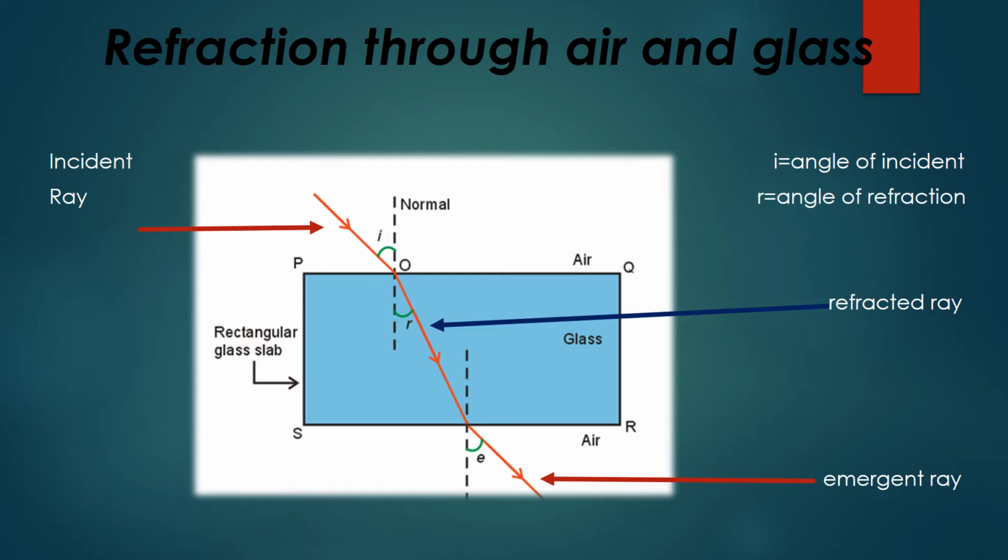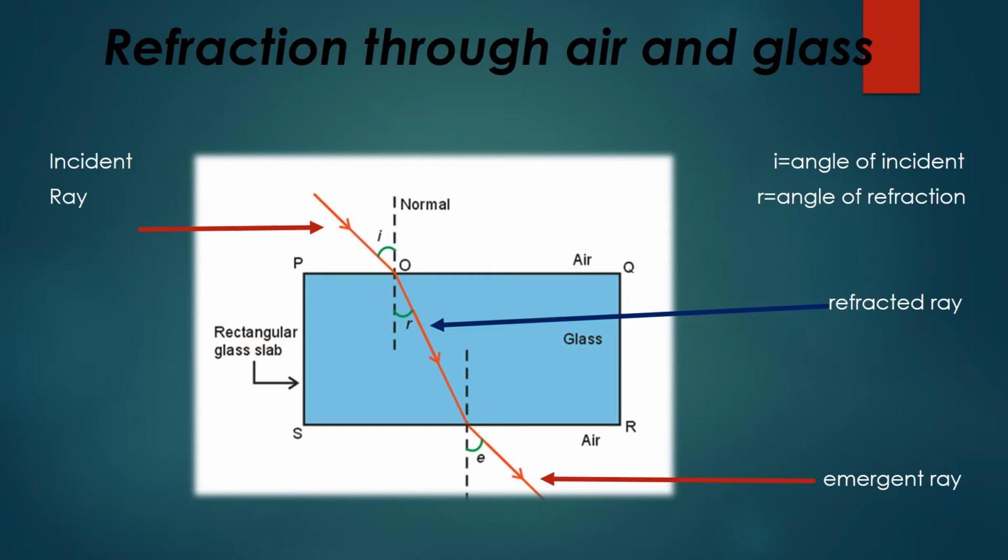When we look at the picture, we can see the angle of refraction is lower than the angle of incidence. Why is it? Because when the incident ray comes from the air to the glass, it bends towards the normal.